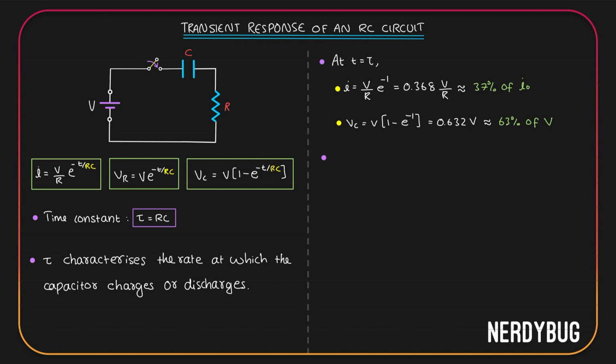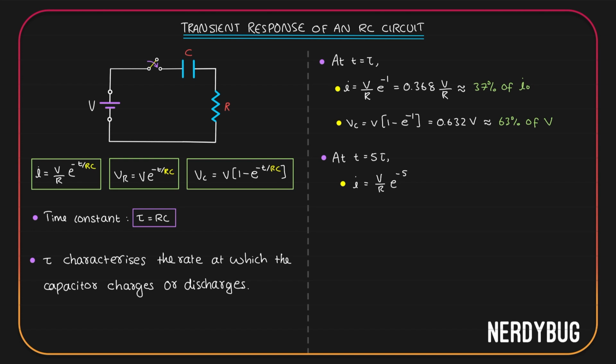Now, let's see what happens when 5 time constants have passed. That is at t is equal to 5 tau. Here, I will be equal to V by R e raised to minus t by tau. But t is 5 tau. So here we get e raised to minus 5.